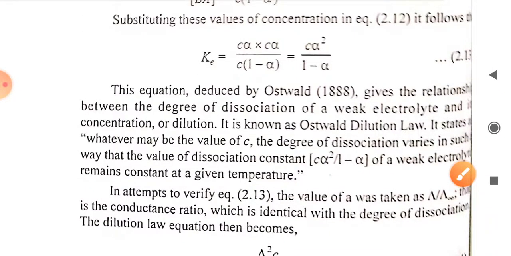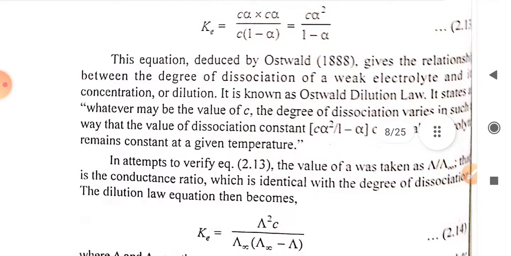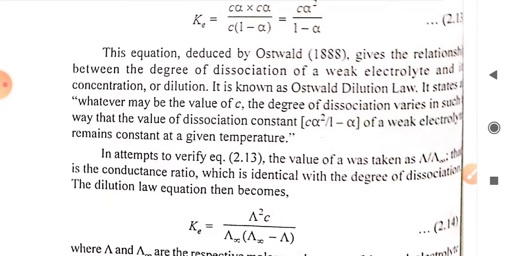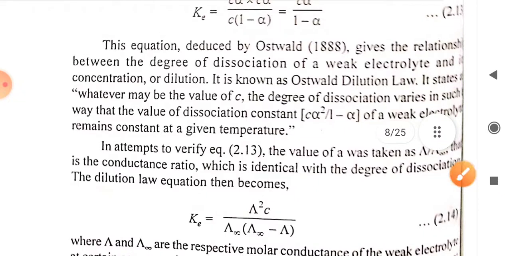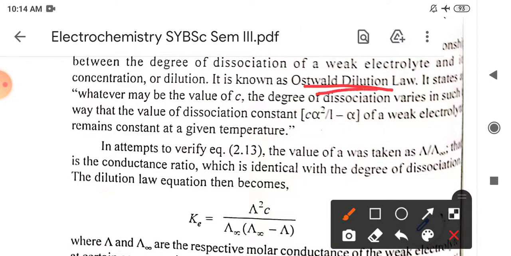You can come across this law in the 11th-12th standard also. This law gives you the idea about the degree of dissociation of a weak electrolyte and its concentration or dilution, so it is known as the Ostwald dilution law. It is one famous law used in solution chemistry.